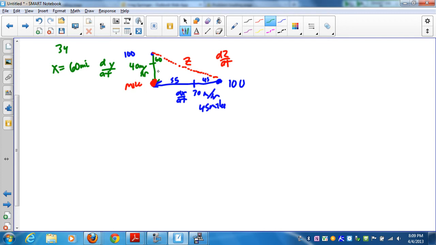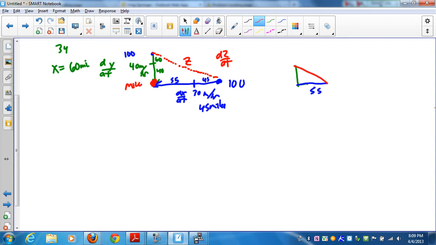And so we have 40 miles left to travel. So they're 40 miles away from the town, and the blue car is 55 miles away. So let me just redraw that. So there's what's left. 40, and the blue car has a little more, 55. And we use red, so we want to know what this is.